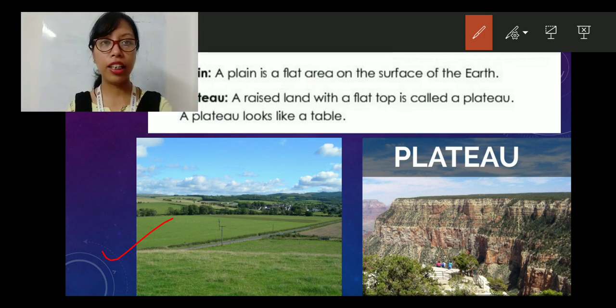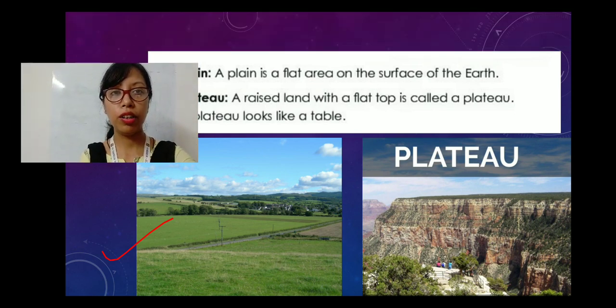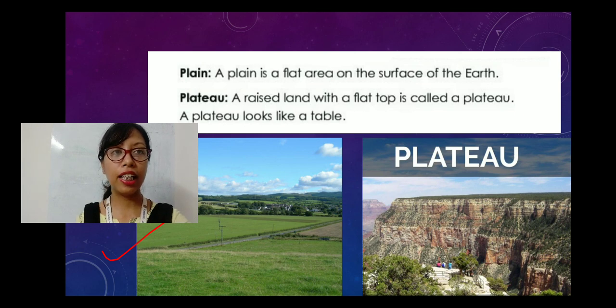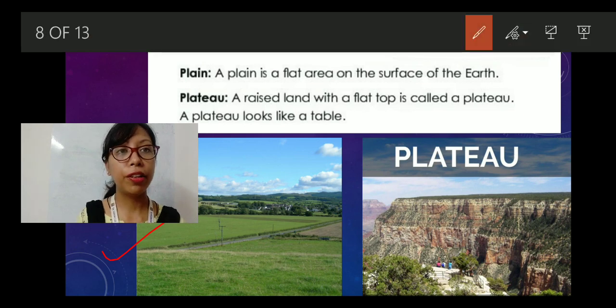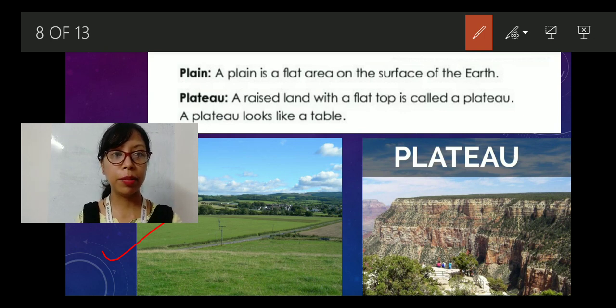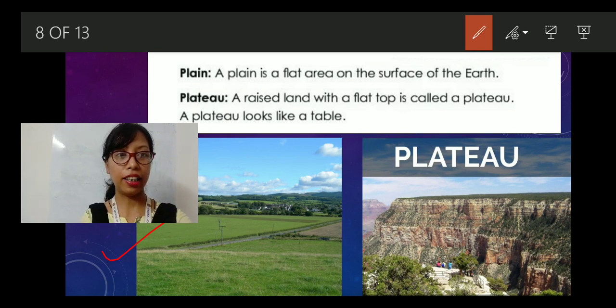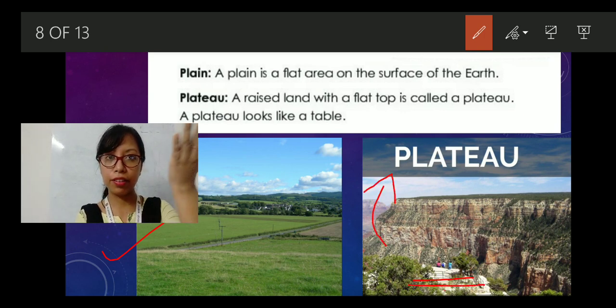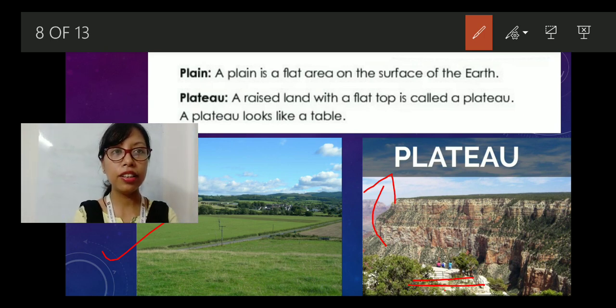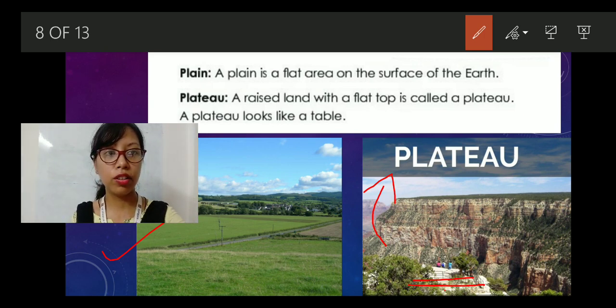The next one is the plateau. Now what is a plateau? A raised land with a flat top is called a plateau. A plateau looks like a table. So it is a raised land. The land is below here, and this part has been raised, right? Now as it has been raised, the top is also flat.